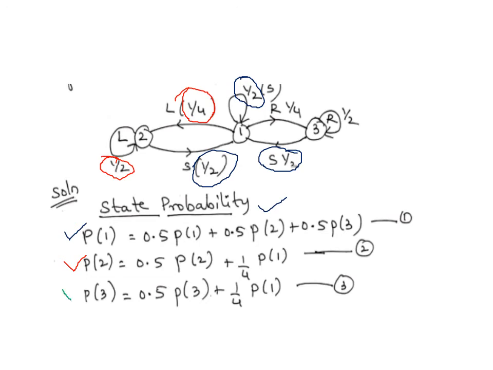Similarly, the state equation at node 3. The incoming probabilities at node 3 are 1 by 4, which is coming from node 1, and the other one is 1 by 2 coming from node 3 itself. So the equation is 0.5 P of 3 plus 1 by 4 P of 1.